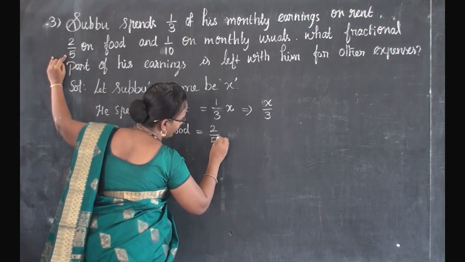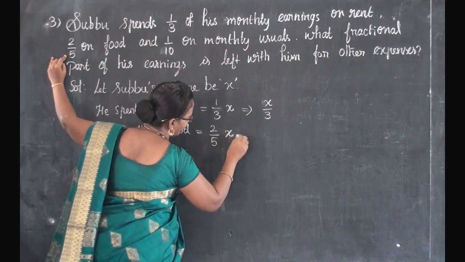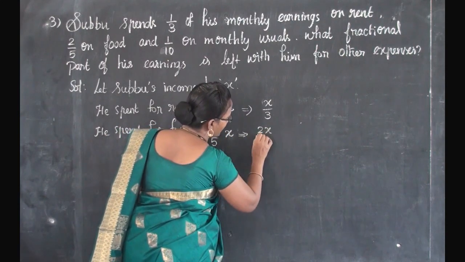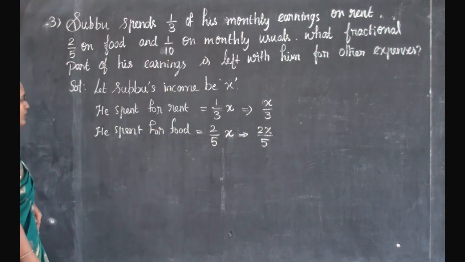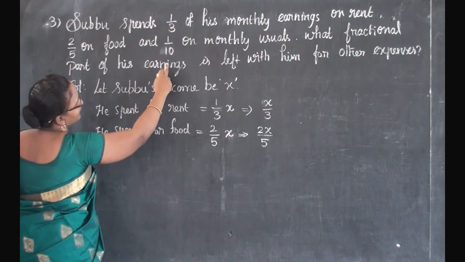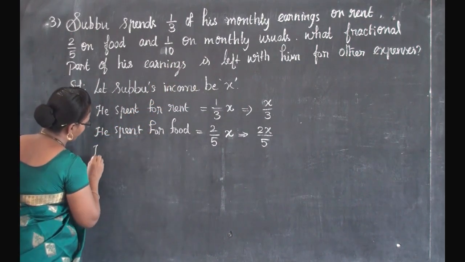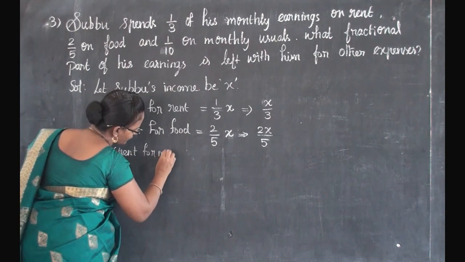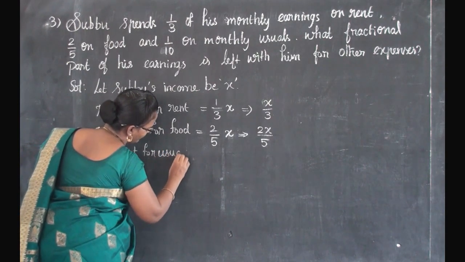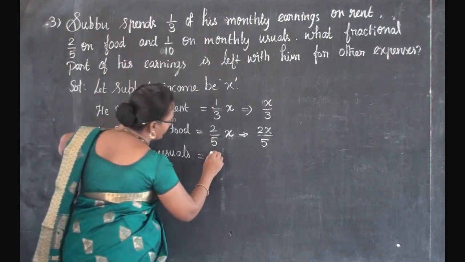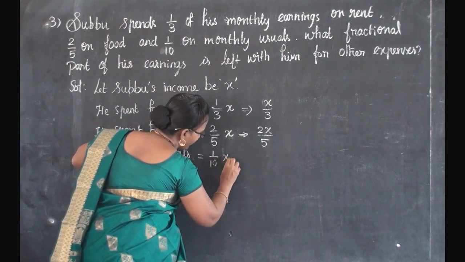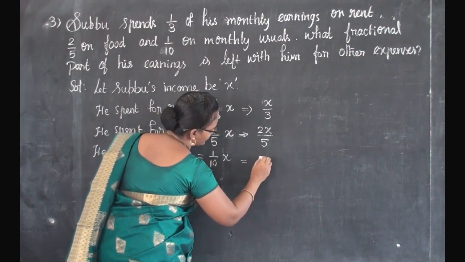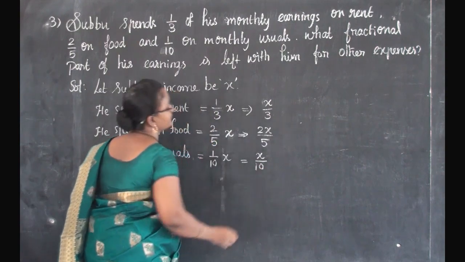So 2/5 × monthly income x. It will become 2x/5. And then next one, 1/10 on monthly usuals. So he is paying for monthly usuals 1/10 of x. Of x means into x. So 1 × x/10.